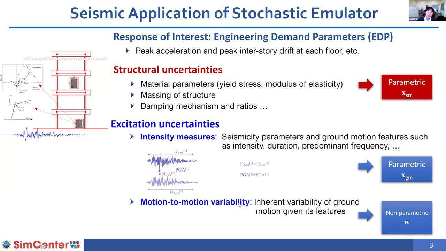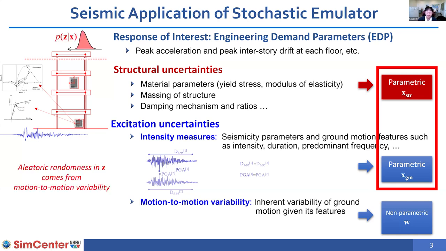When we try to surrogate this system, there are different ways, but what we often do is to use only these parametric variables as input of our surrogate. But then we need to acknowledge that we will have variability or uncertainty in our response prediction because we are not explicitly capturing motion-to-motion variability through our input values.